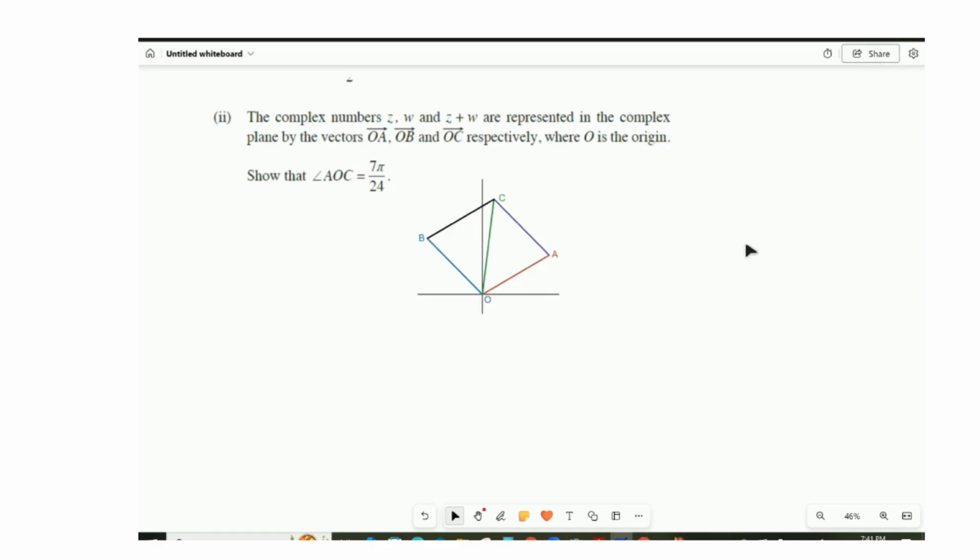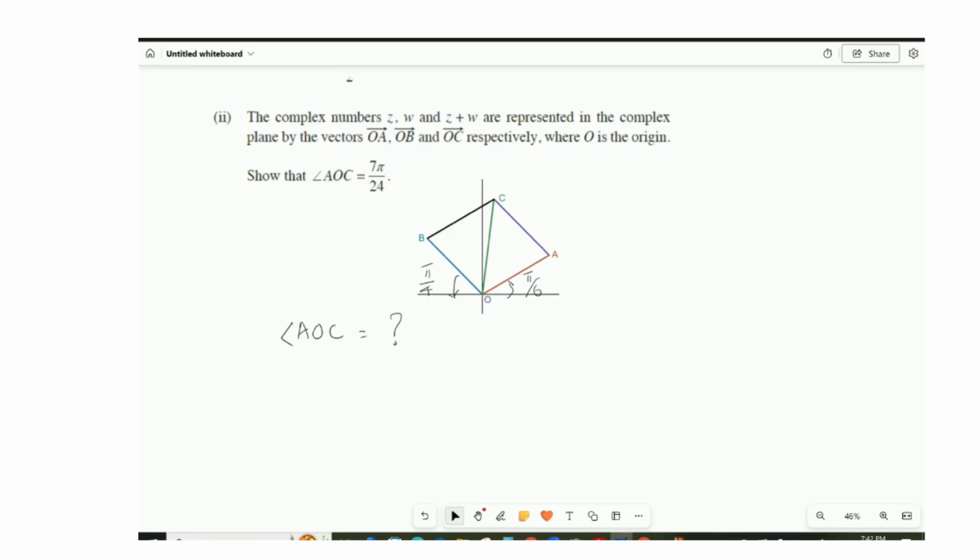Now we know that for OA, this angle is pi by 6. This angle, that is the complex number OB, is 3 pi by 4. Now what we want to find, angle AOC we have to find.